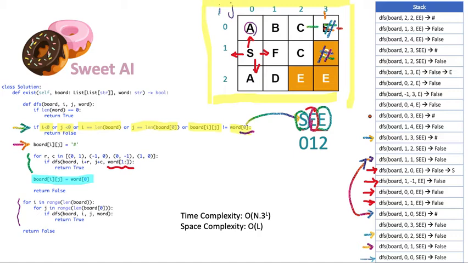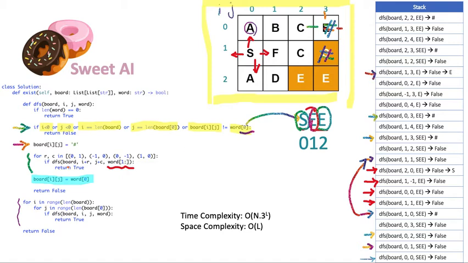What will happen here, we know this is S and this is outside, and this we have iterated already before. This is a hashtag. This is the good thing about putting a hashtag here. If we didn't have a hashtag here, it might cause problems, but when we put a hashtag here, it's not going to be a letter. So it will check all the four corners and it cannot find another E.